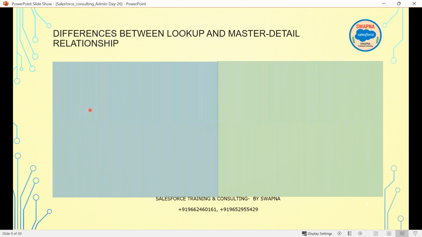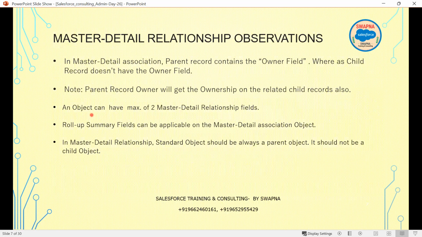Okay. Whatever we have discussed until now is almost all differences between the master detail relationship and the lookup relationship. Like we can create 40 lookup relationships per object, but only 2 master detail relationship fields per object.